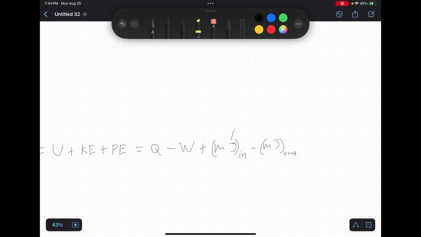So this whole term represents the total energy coming in to your system, and this whole term represents the total energy leaving your system in terms of mass.